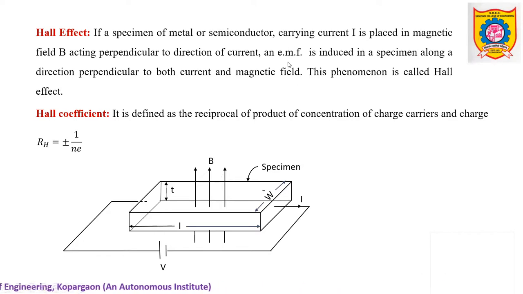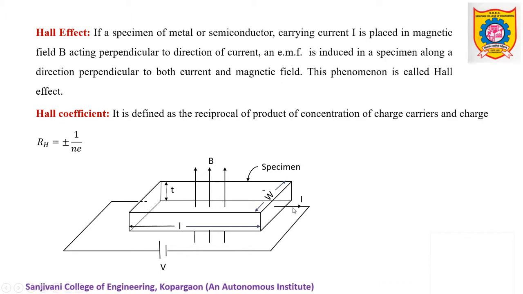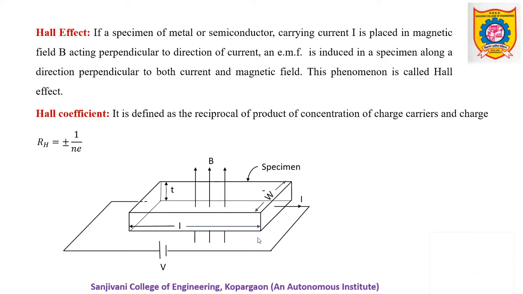An EMF is generated in the specimen along a direction which is perpendicular to both, that is the direction of current as well as magnetic field. Now current and magnetic field directions have been fixed. This third direction is left, Z direction. So it is obvious that along this Z direction we will get development of EMF.